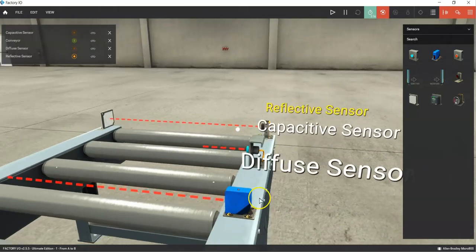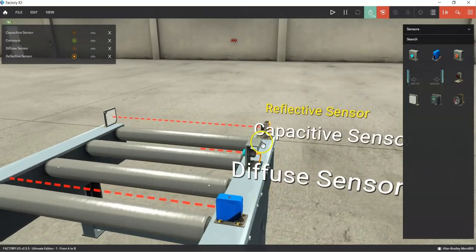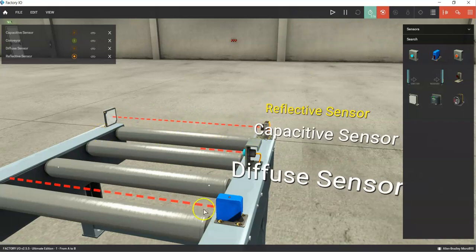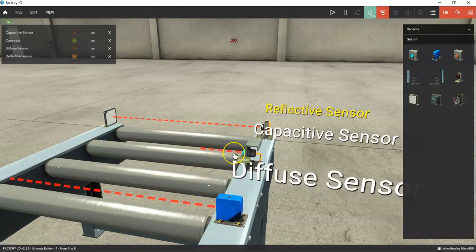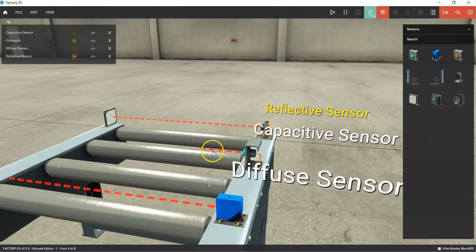Now, one of the things that was nice to see, if you were setting up these scenes, and I'm in the offline mode right now, we see these red dashed lines going out. So this is actually indicating the sensing distance or depth that it can sense. So in this example of the capacitive sensor, we can see that it's not a very far distance.